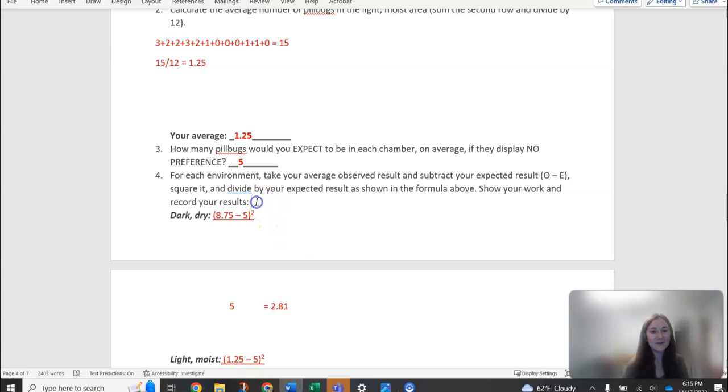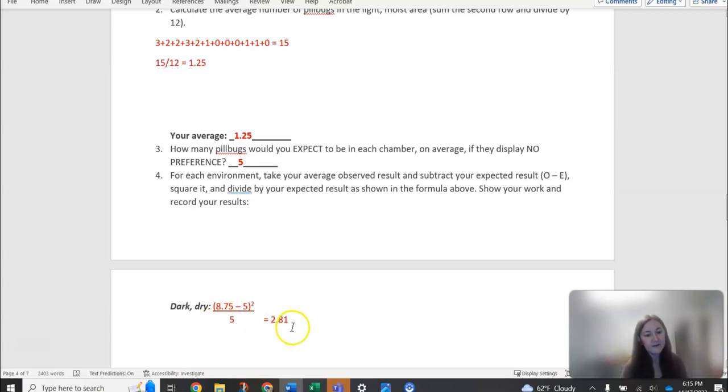Okay. So for our dark dry, we have an average observed of 8.75. We subtract our expected of 5 from that, square it, and then divide by 5. So we get 2.81.